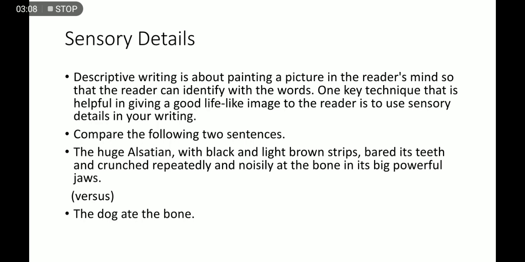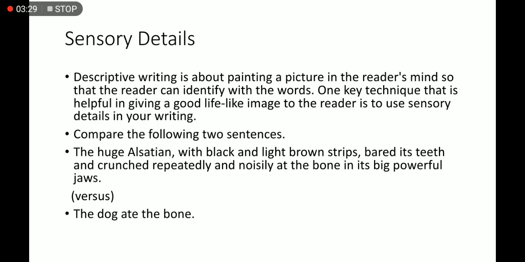By appealing to sensory details, you can create a lifelike image in the reader's mind, which would help you to communicate yourself very clearly and in a more emphatic way.